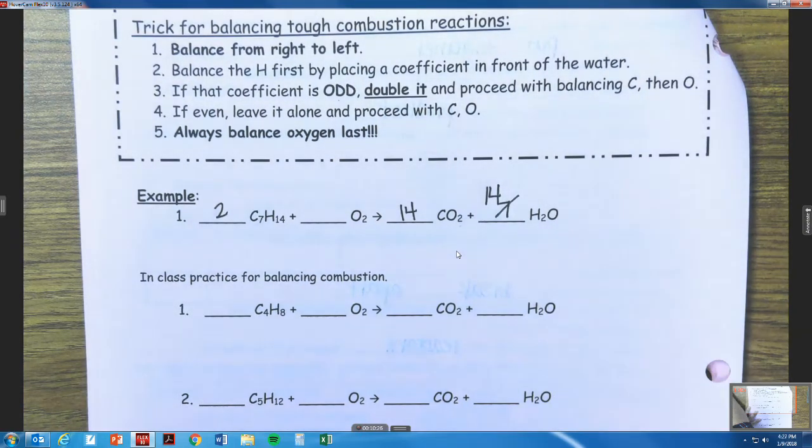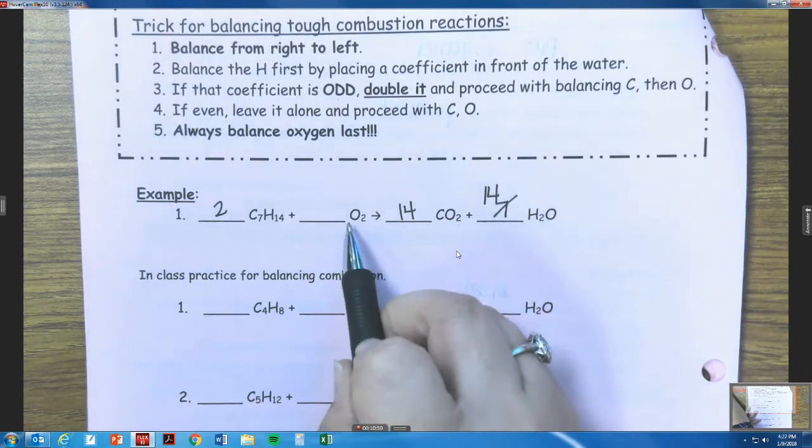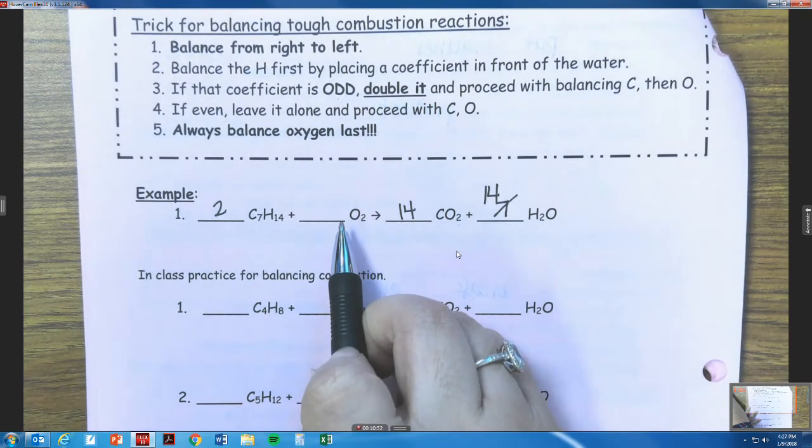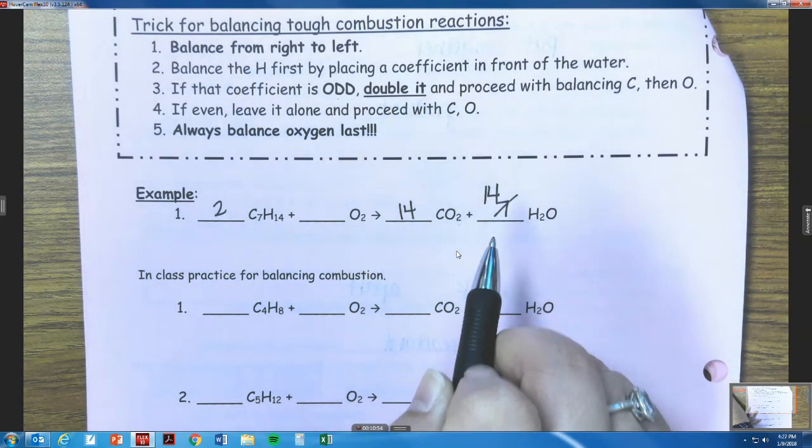So 14 times 2 is 28. I don't want to be wrong, so I'm just going to get my calculator out. I don't want to teach you wrong either. So 14 times 2 is 28, plus another 14 is 42. I think I said 32, so that's where I was wrong. So 42. We have 2 oxygens on our reactant side, but 42 on our product side.